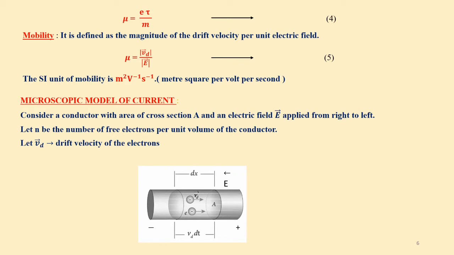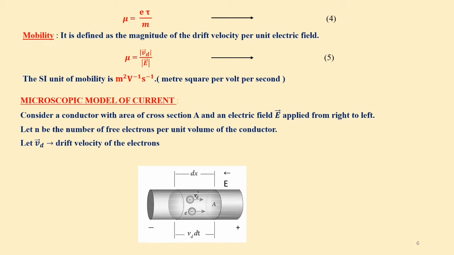This is equation 4. Let us now define mobility. It is defined as the magnitude of the drift velocity per unit electric field. We have studied that V drift equals mu times electric field E. Therefore, mu must be equal to magnitude of V drift divided by magnitude of electric field.